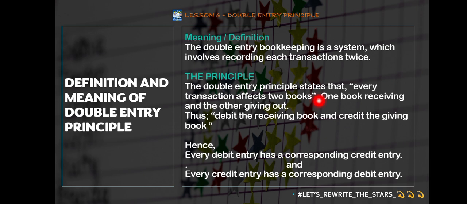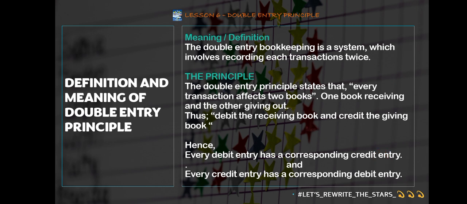In a nutshell, every debit entry has a corresponding credit entry, and every credit entry has a corresponding debit entry.